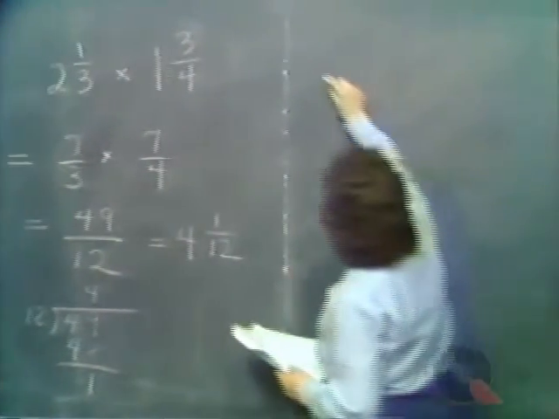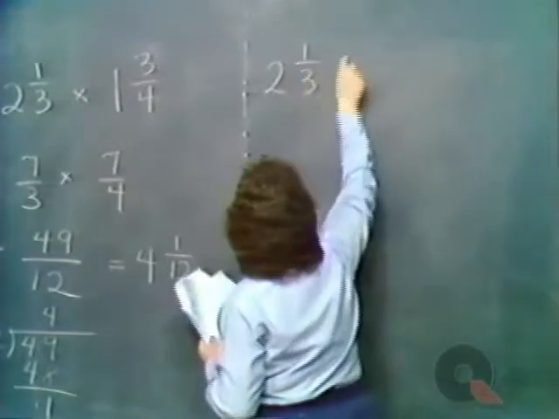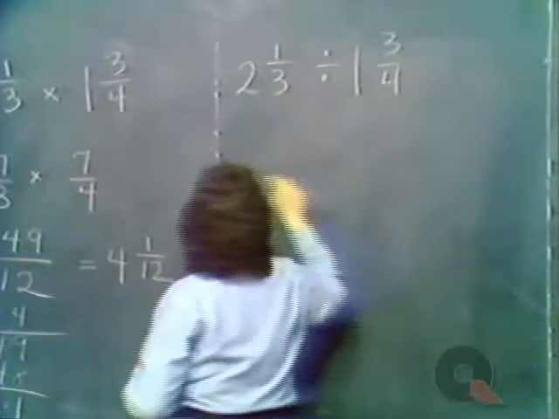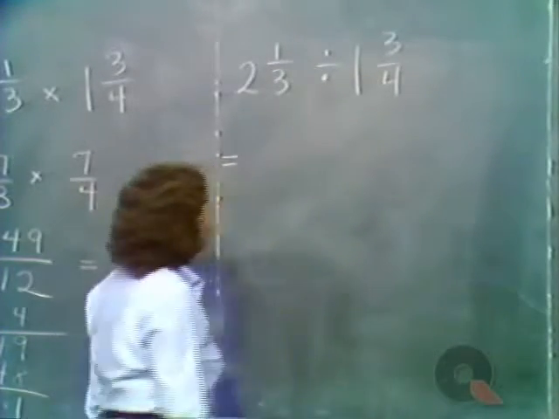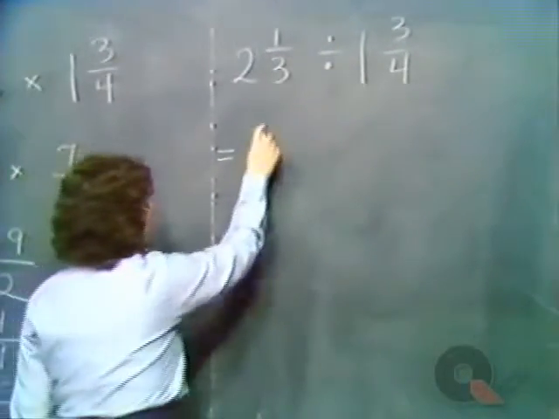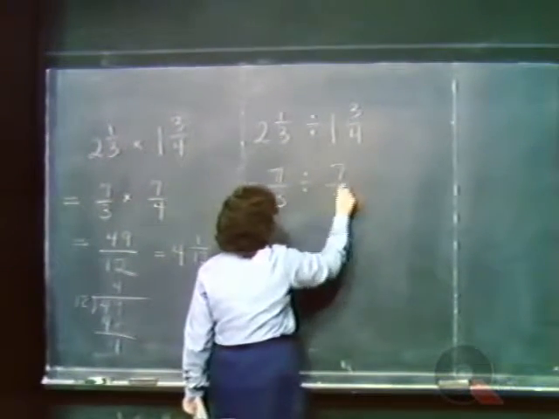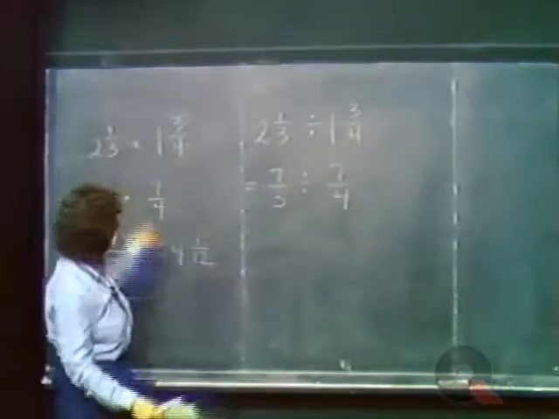Okay, how about now 2 1/3 divided by 1 3/4? This would be 7/3 divided by 7/4. These are the same numbers that we were using before, of course.